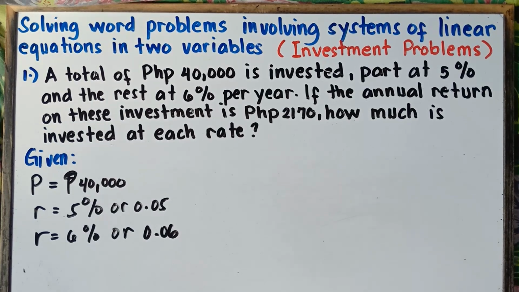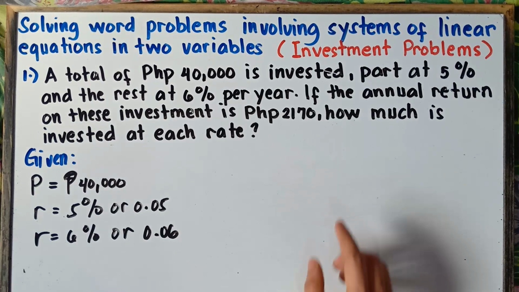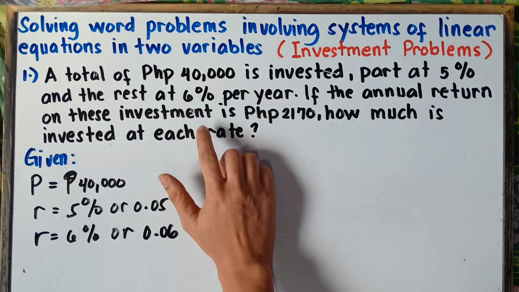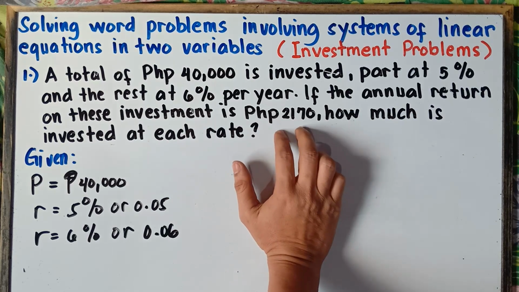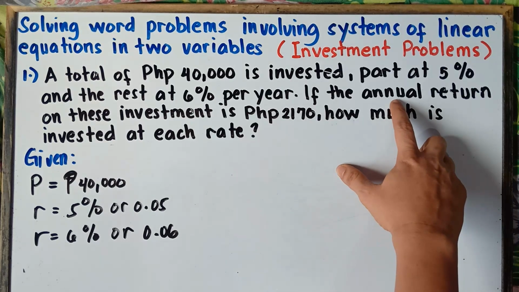Alright, so let's continue with the next statement. If the annual return on this investment is 2,170 pesos, therefore, class, this annual return will be the total interest. If you talk about annual, class, it means a year.